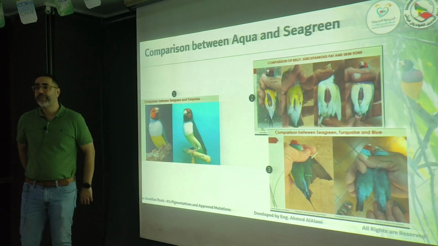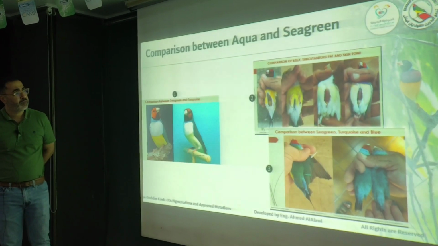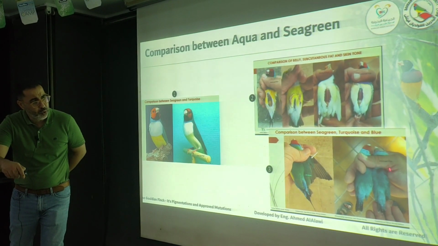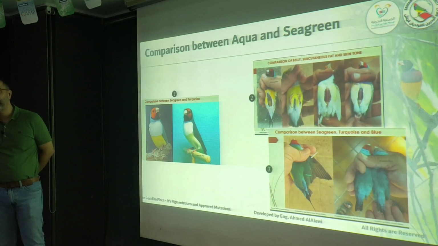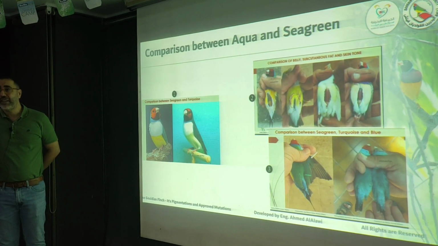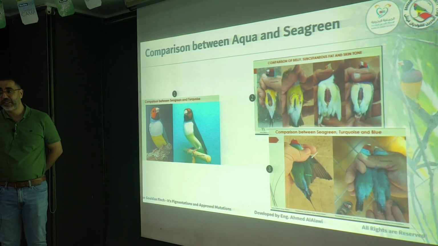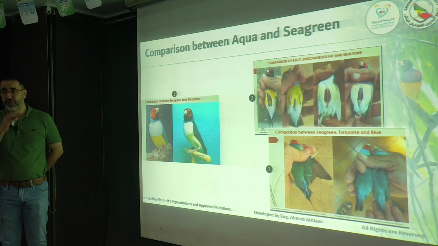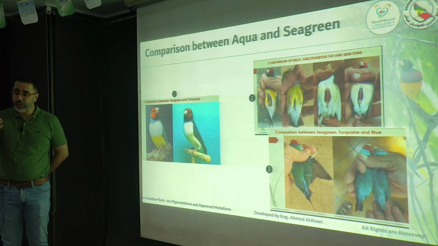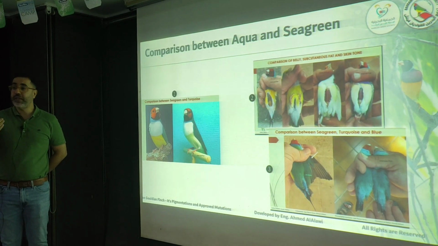Sir, these two birds are turquoise and blue, in black head? These two. How should we relate them for the belly? Look at the stomach. Black head is black head. It will not change. There is no impact of turquoise on the black head. With a black head, the turquoise or the aqua changes only the lipochrome.